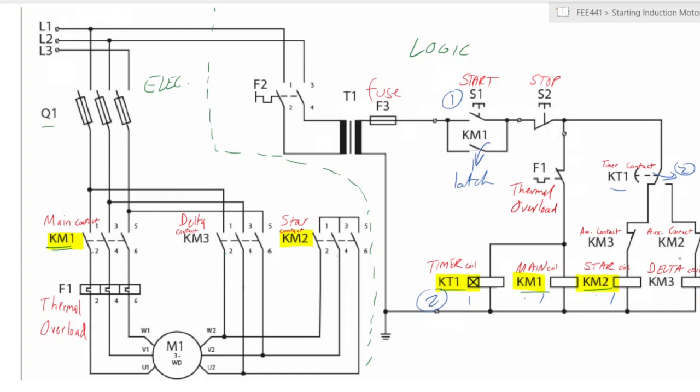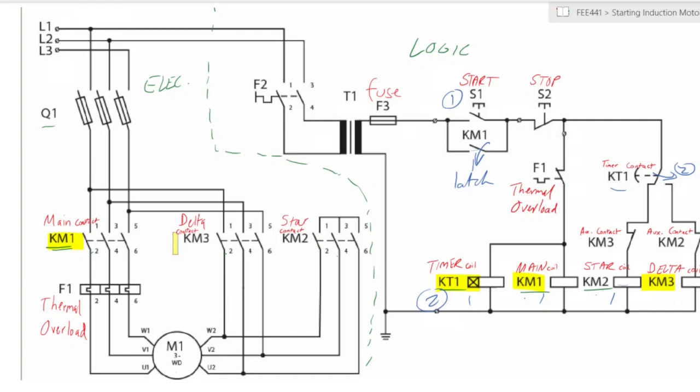So KM2 is disconnected. This becomes normally closed as it was before. And KM3 is now connected, and it opens that one, which we had seen before. But the main consequence of KM3 now being connected is that you have KM3 on this other side also being connected.